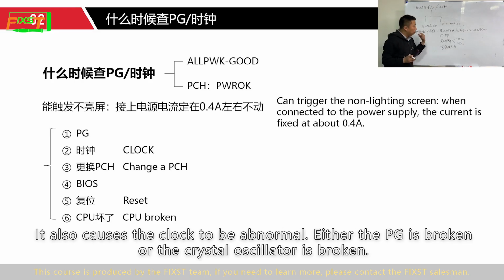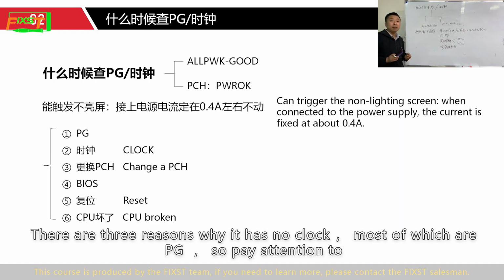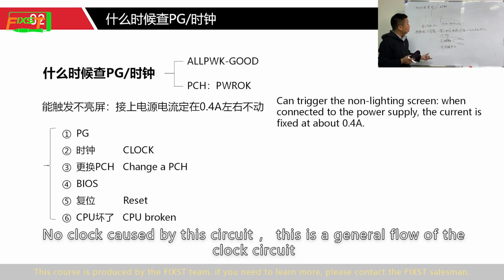The clock being abnormal is caused either by a broken PG, a broken crystal oscillator of the Southbridge, or the Southbridge itself being broken. There are 3 reasons why it has no clock, most of which are PG, so pay attention. The probability of the crystal oscillator breaking is not high; it is either the bridge or PG. This is what causes no clock in this circuit.